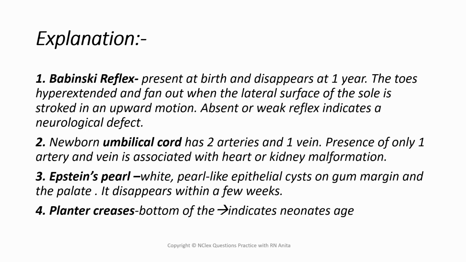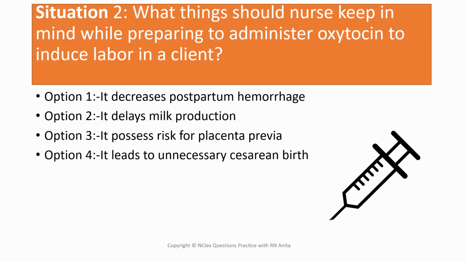Now let's go for the second situation. Situation 2. Here, what things should the nurse keep in mind while preparing to administer oxytocin to induce labor in a client? So the options are: option 1, it decreases postpartum hemorrhage.